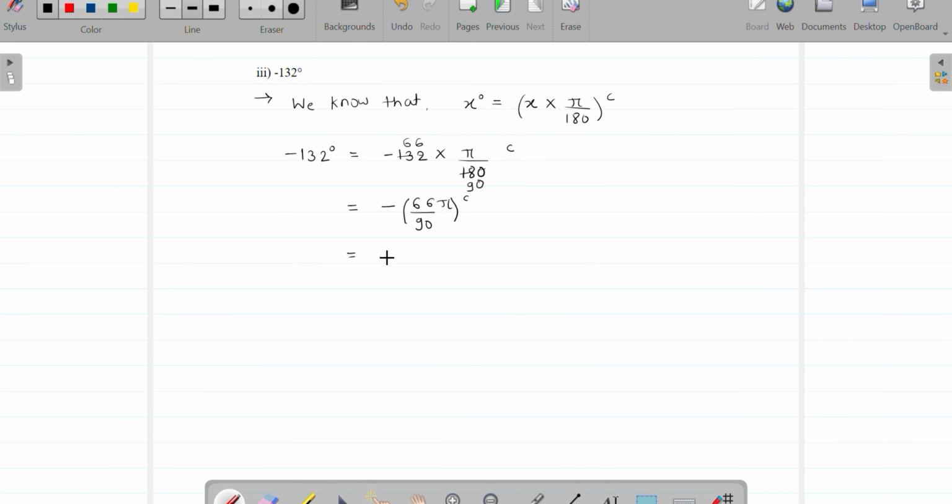which is equals to minus sign as it is, again divided by 3. 3 2s are 6, 3 2s are 6, 3 3s are 9, 300 pi.